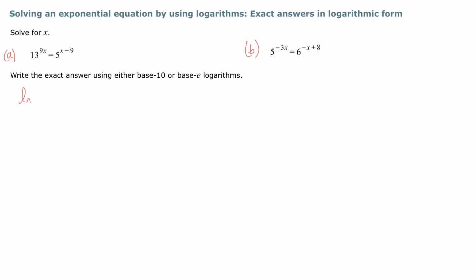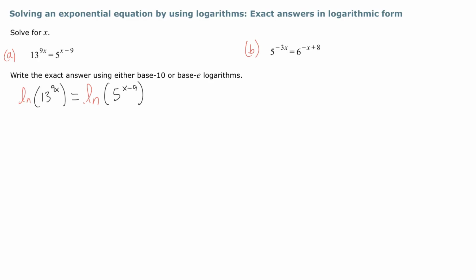So we take the natural log of 13 raised to the 9x. And on the right hand side here, we're going to take the natural log of 5 raised to the x minus 9.